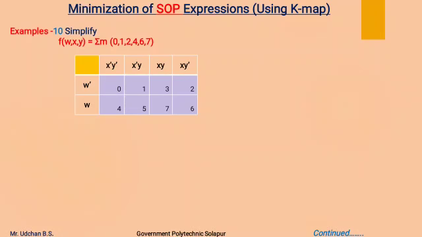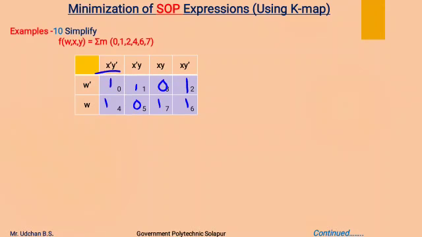Now here again we will enter the ones for the min terms 0 1 2 4 6 7. For remaining we will enter zeros. Here also we cannot get a octet, therefore we will find out a chord if it is possible.